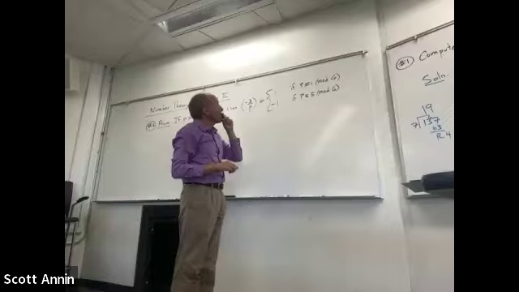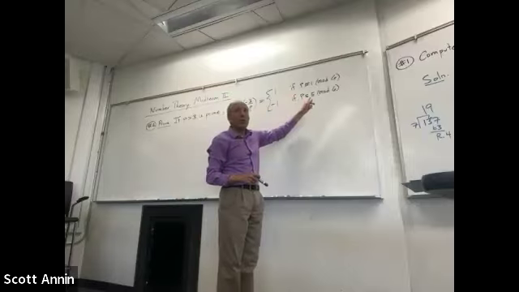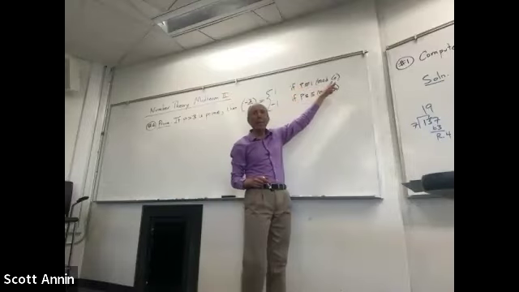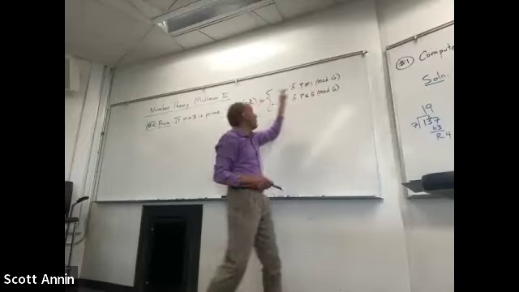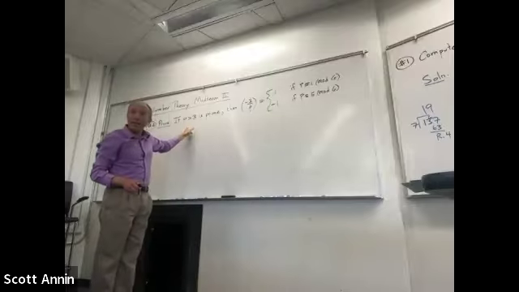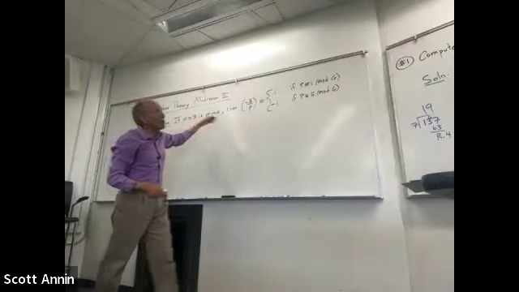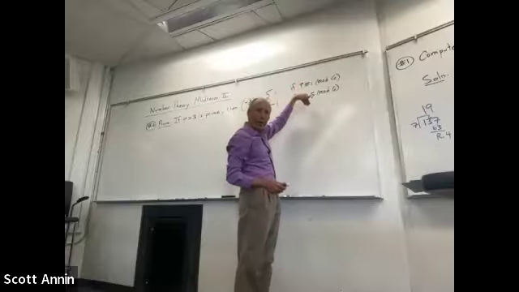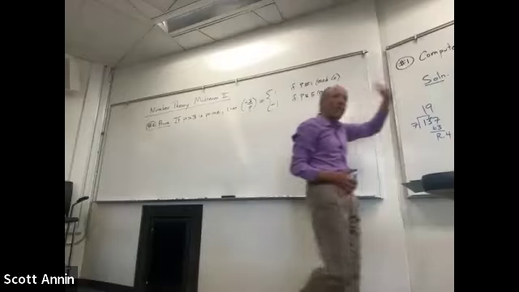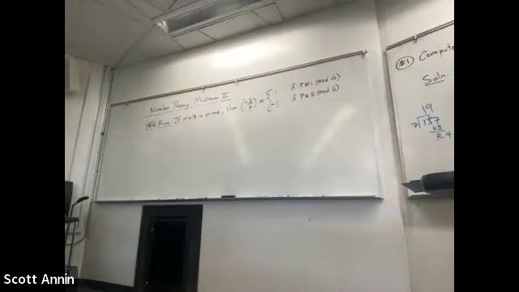Now, these are actually the only two possibilities for a prime to be congruent to mod 6, assuming it's bigger than 3, right? If P was congruent to 2 or 3 or 4, then P actually wouldn't be able to be prime.